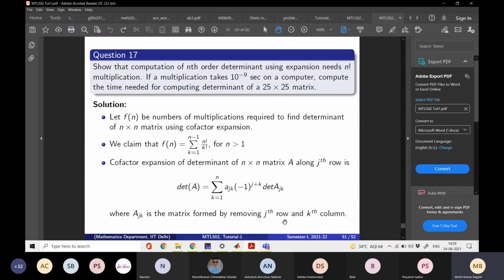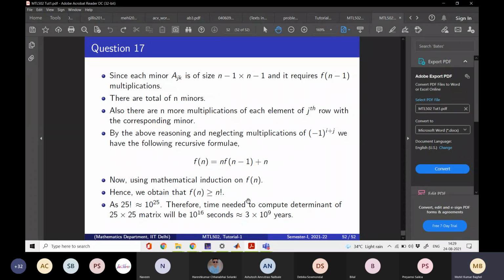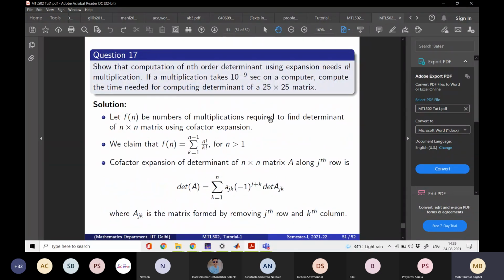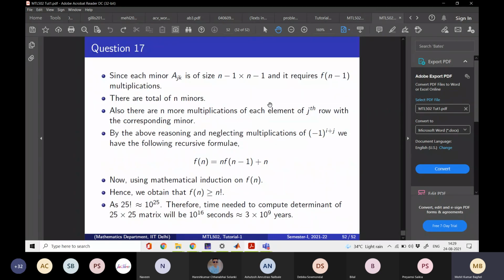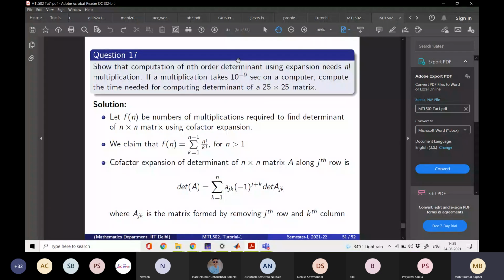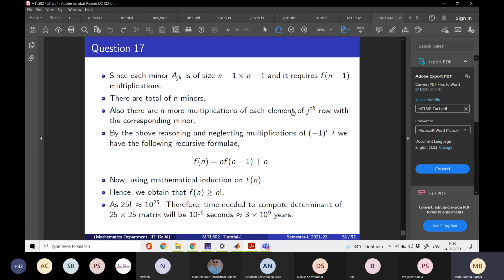If one multiplication takes 10 to the power minus 9 seconds, then the computation of the determinant of a 25 by 25 matrix will take this much time. Why is this question put here? Just to make you realize that the computation of a determinant will take so much time by machine. By hand it will not be possible, and even the machine will take this much time.